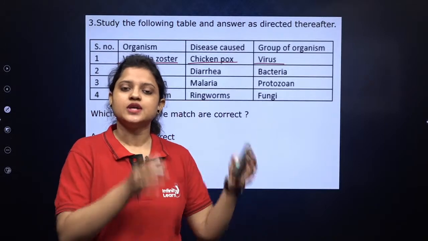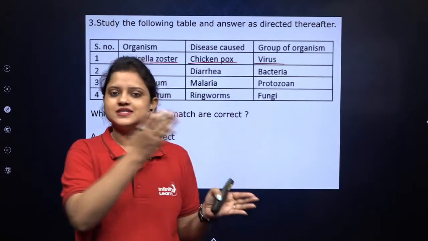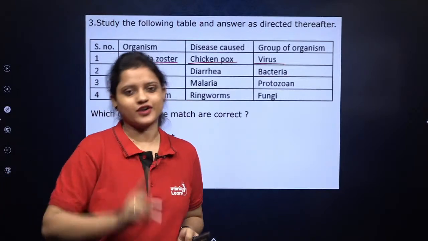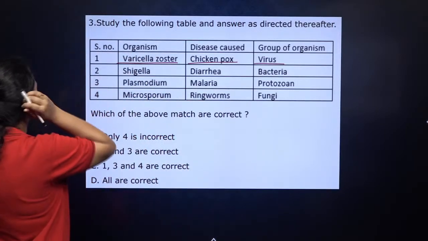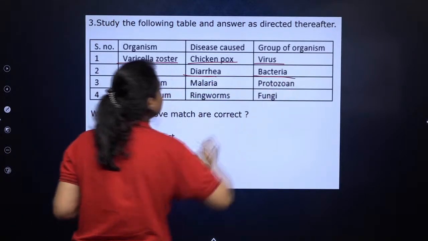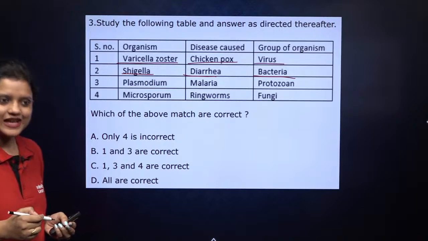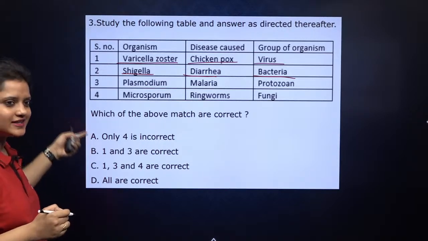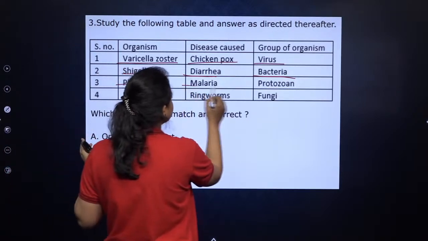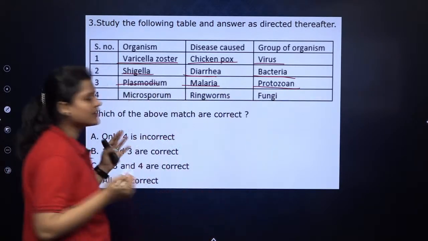We should know the names of the bacterial diseases, viral diseases and fungal diseases, and we should also know the causative organisms, right? Let's see, Shigella. Shigella causes diarrhea and it is a bacteria. Absolutely correct. Can you tell me what will be the correct answer? Status, hi. Plasmodium causes malaria and it is a protozoan. Correct.